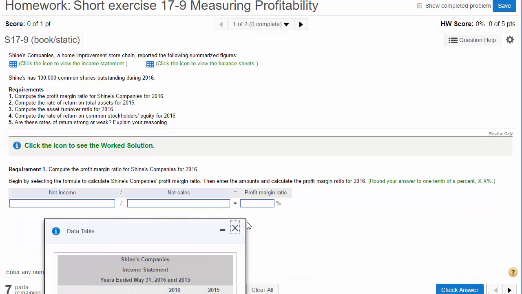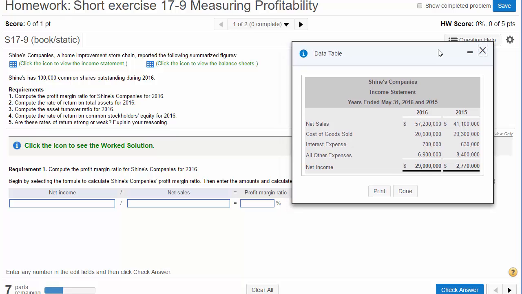So we don't need the balance sheet for this one. We only need our income statement. So our net income for 2016 is 29 million. Net sales is 57,200,000.